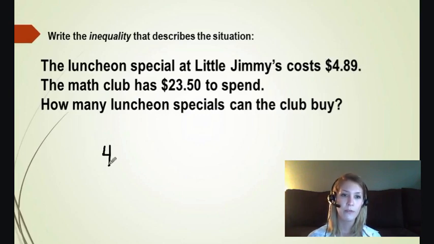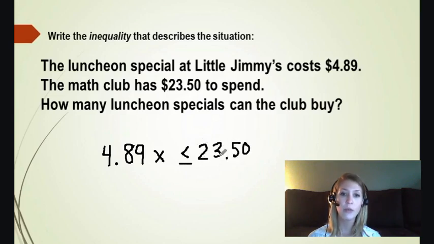So if it costs $4.89 per meal, we need to figure out just how many meals we can buy without going over $23.50. So our inequality symbol would be less than or equal to $23.50.